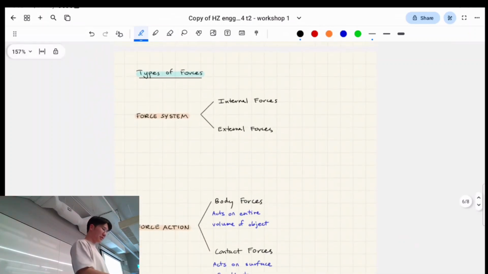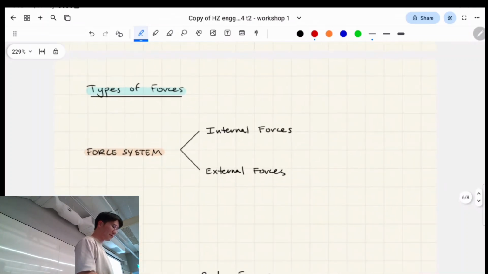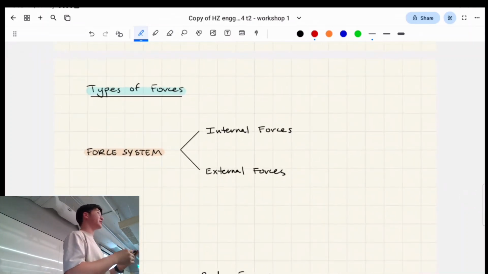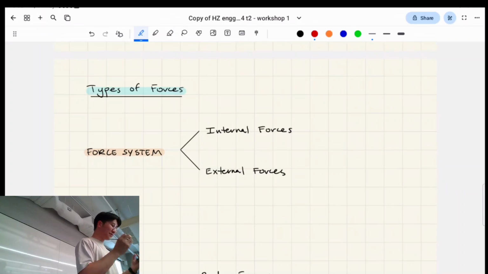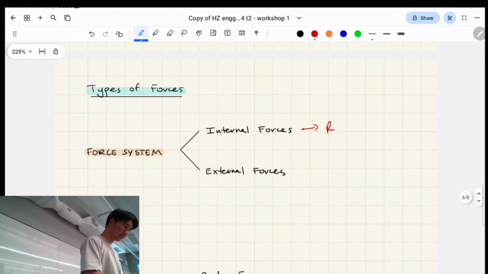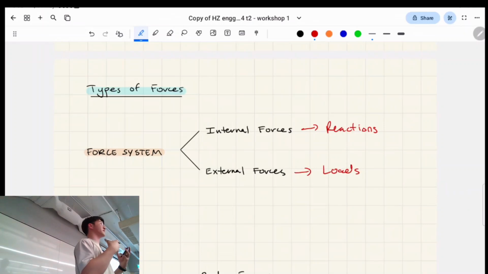Okay, if we want to get a bit more theoretical, right, we have different types of forces. And when we're looking at a force system, like in terms of Newton's third law, whatever physics problem we're analyzing, we're going to have internal forces and external forces, and then we have names for these, right? Internal forces we call reactions, and external forces we call loads in the context of structures, right?